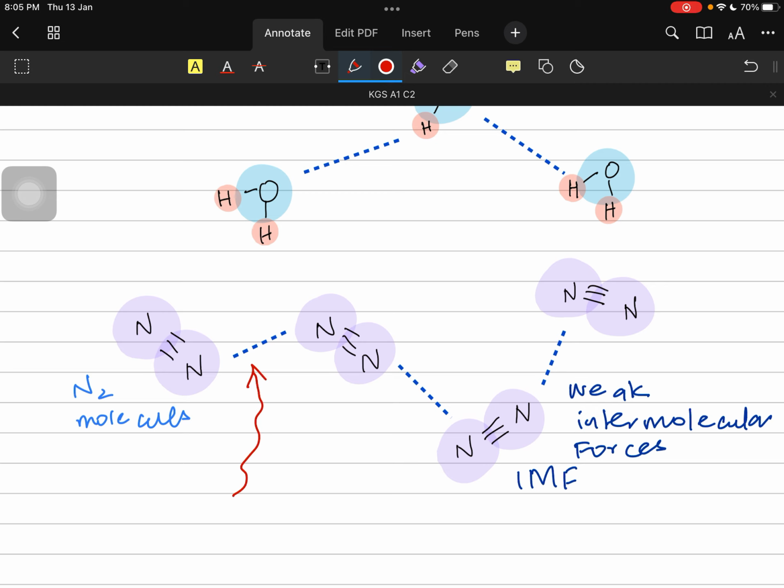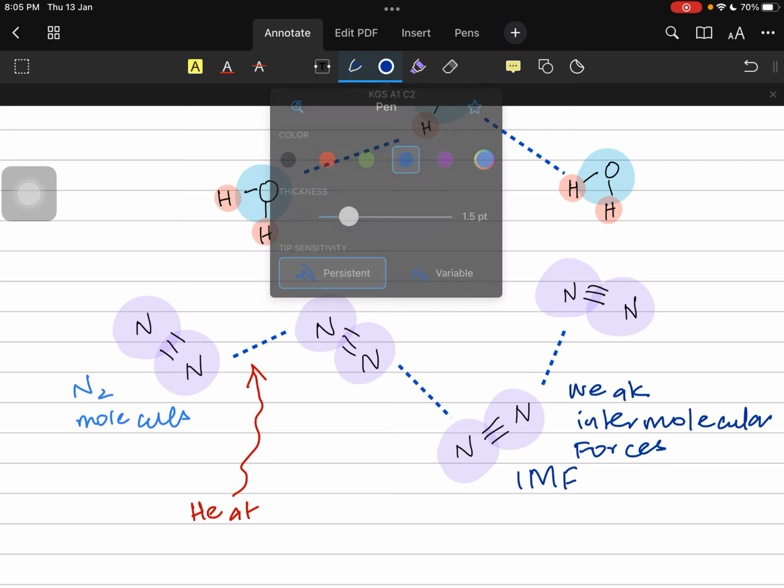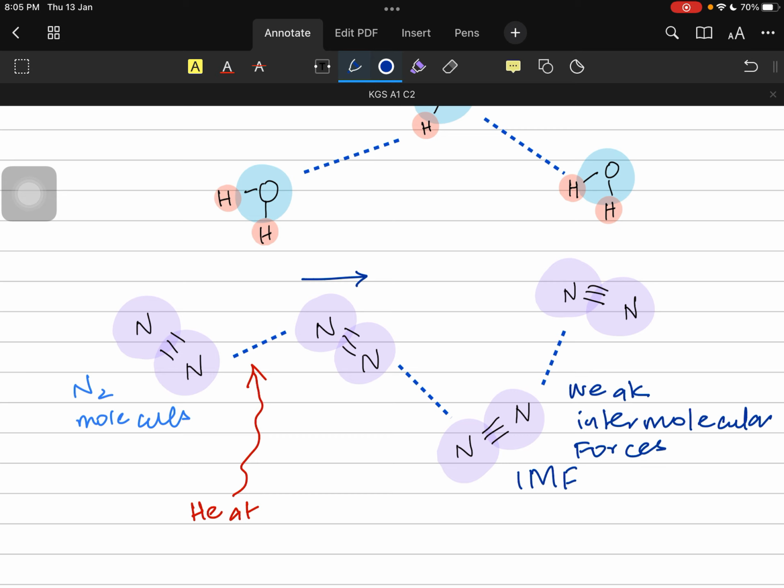If I supply heat energy, it is going to help in overcoming the force. The molecules can absorb heat and begin moving away from each other. So one thing is very clear, these forces can be overcome really easily.